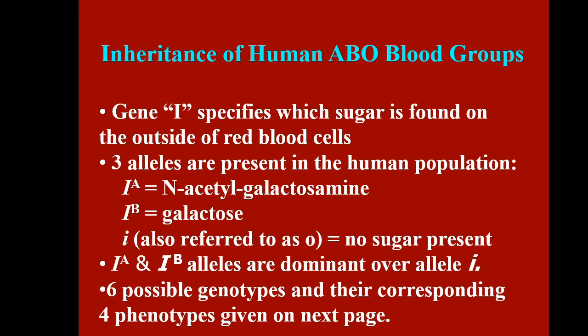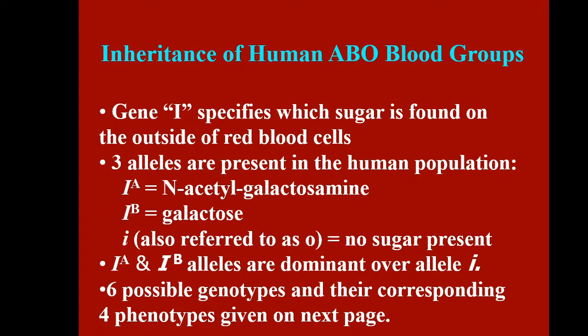So here we can say that 3 alleles are present for the ABO gene, and this ABO blood group gene is specifically shown by capital I. Here the capital I shows the ABO blood group gene, right?